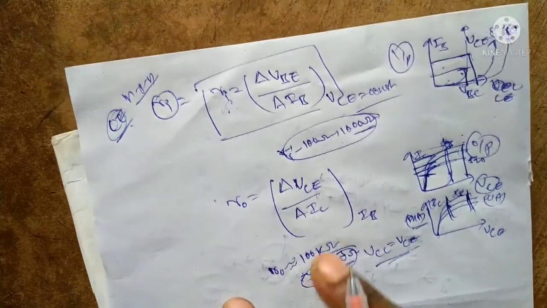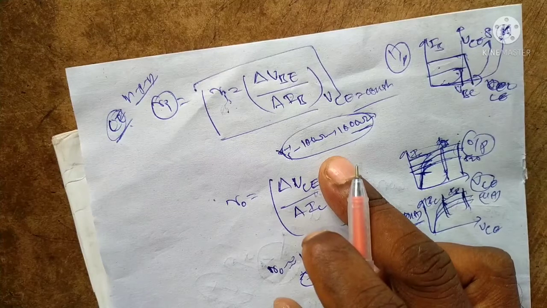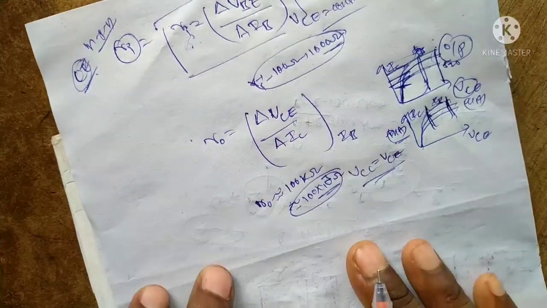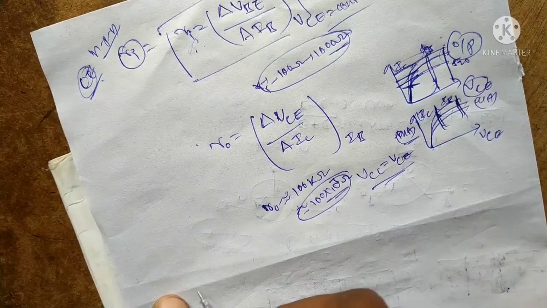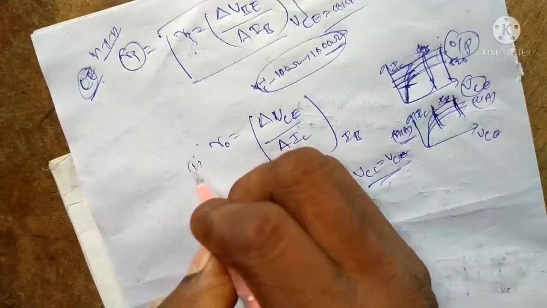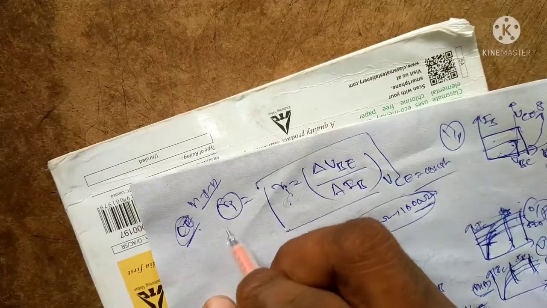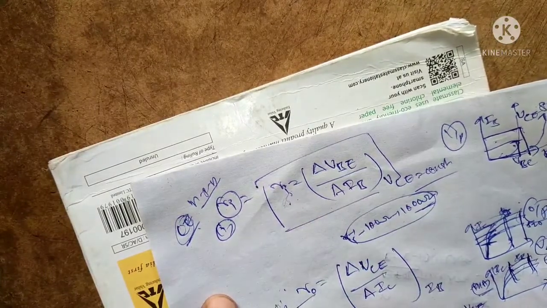Input is low resistance, because it is in forward bias. Okay, now we can derive another parameter, the current amplification factor. R0, the output resistance, is the first parameter, and Ri, the input resistance, is the second parameter.